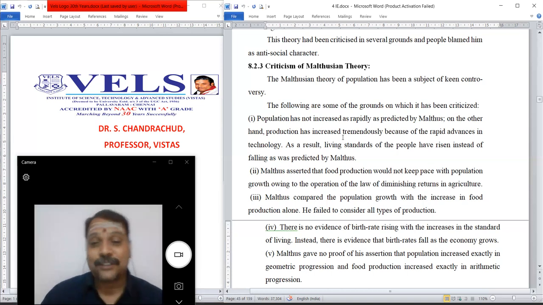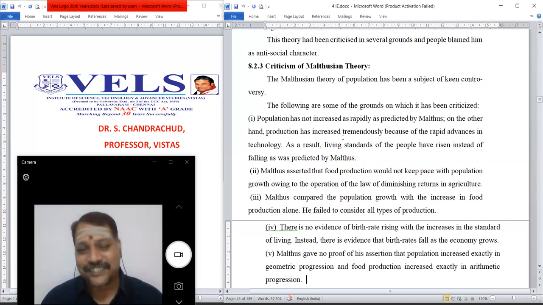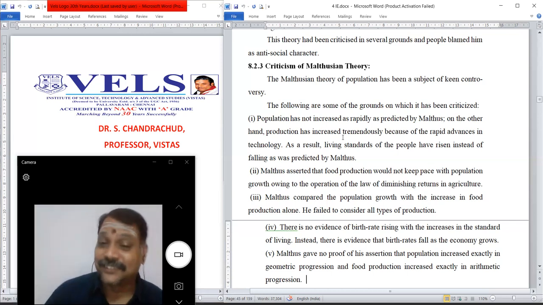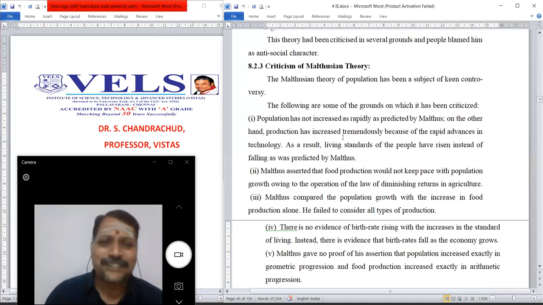The second one is that Malthus asserted that food production would not keep pace with population growth, owing to the operation of the law of diminishing returns in agriculture, which is not a realistic statement. The third criticism is that Malthus compared the population growth with the increase of food production alone. He failed to consider all other types of production, because production is not only food; there are many products which have to be considered which may increase the standard of living.